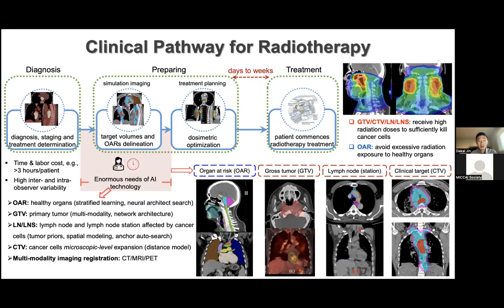Because when you segment the tumors, not only the CT image is available, but also the contrast CT, MRI, and PET, which are very helpful. So we need to fuse these images and do a better segmentation job. The GTV, the metastasis lymph node, and the CTV need to receive high radiation doses to sufficiently kill the cancer cells.